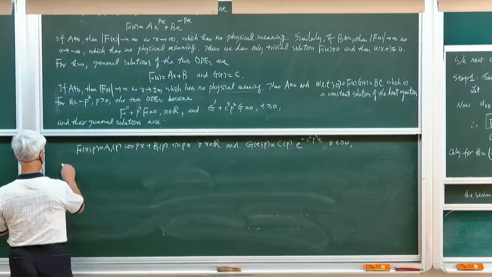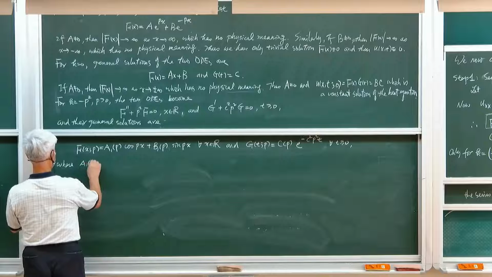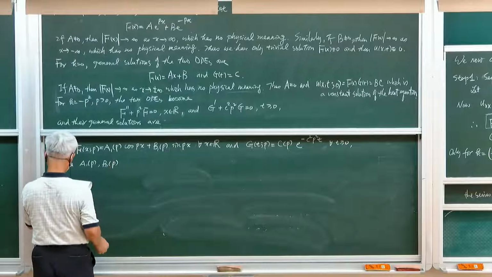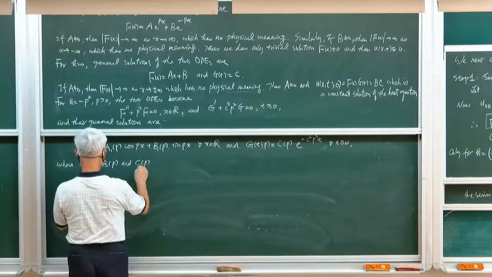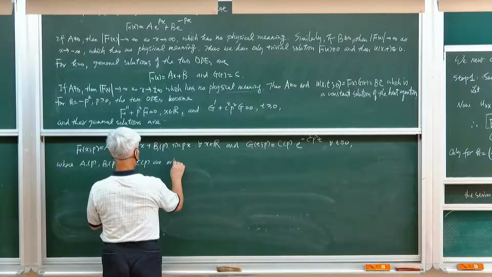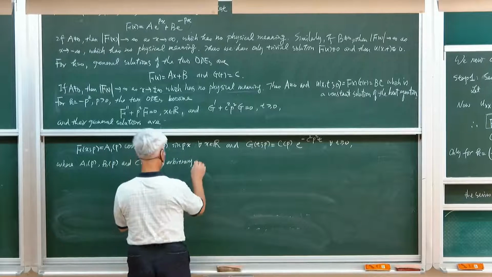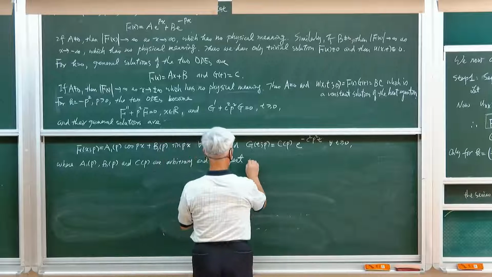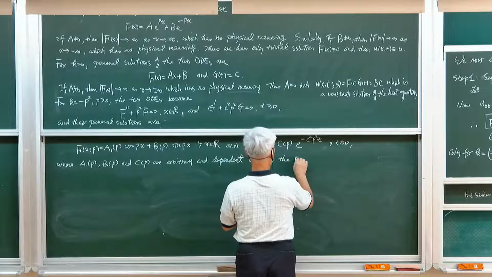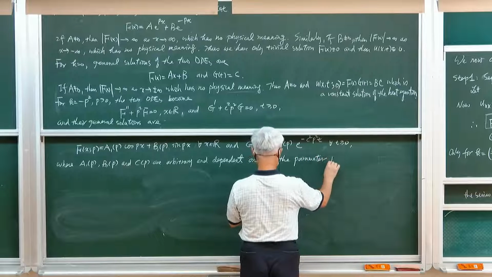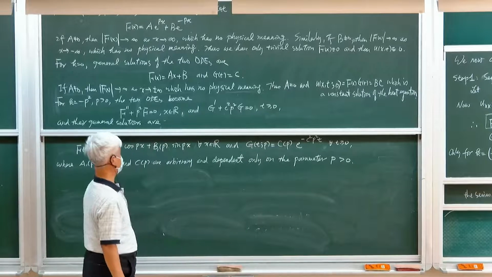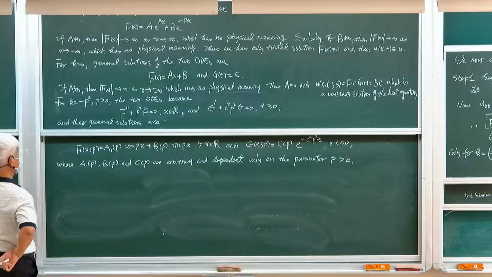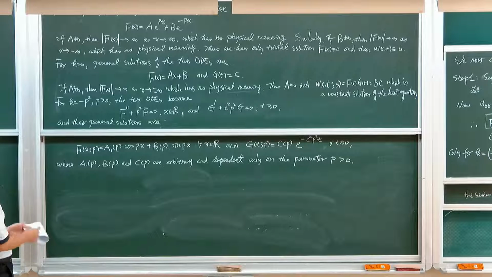Okay, and where a1p, b1p, and cp are arbitrary and dependent only on the parameter p greater than 0. Okay. Any questions?